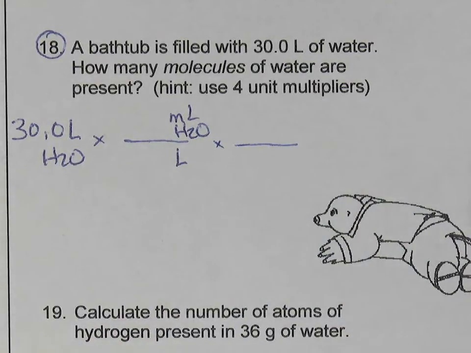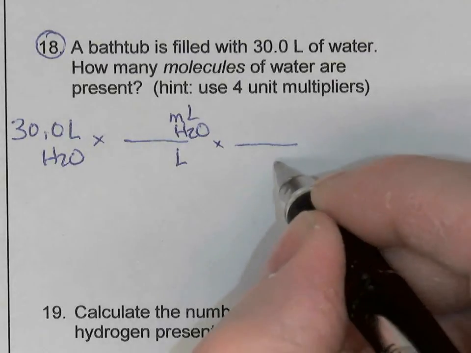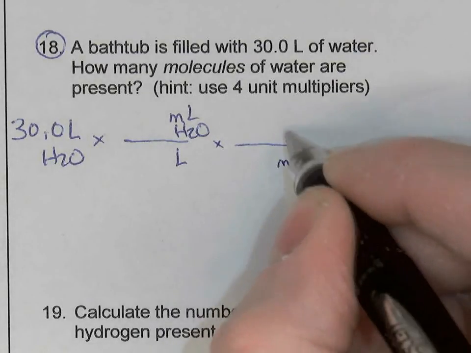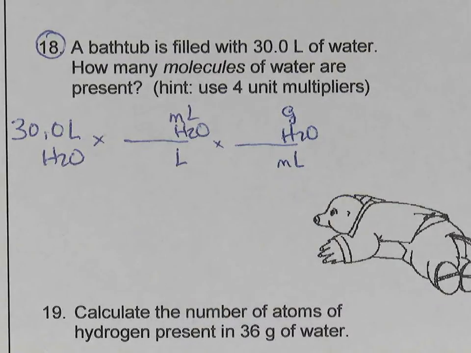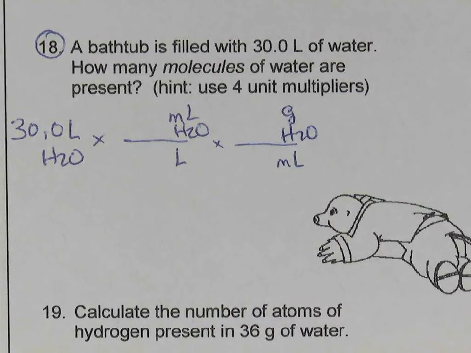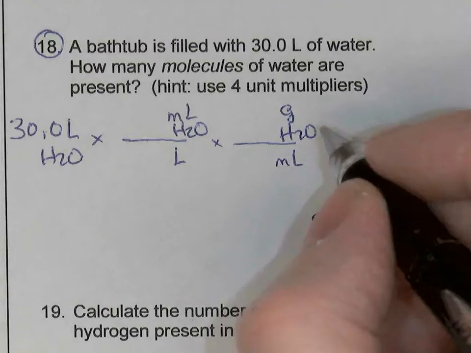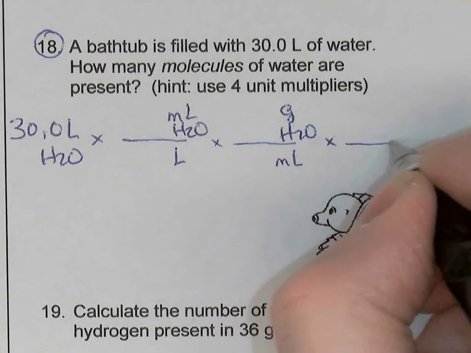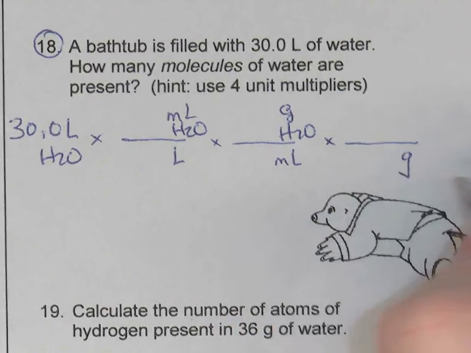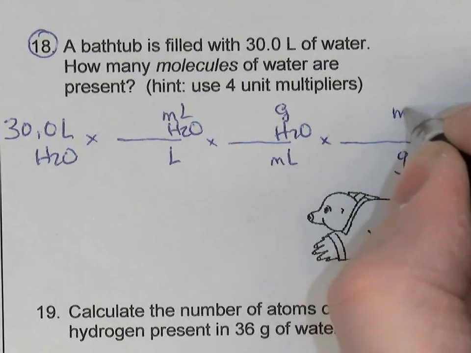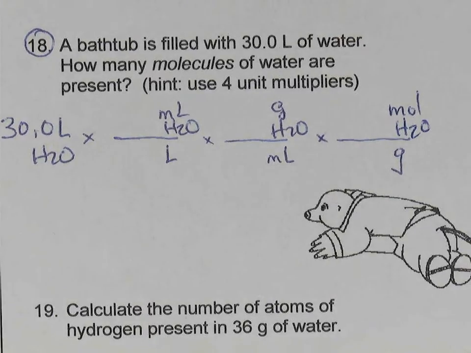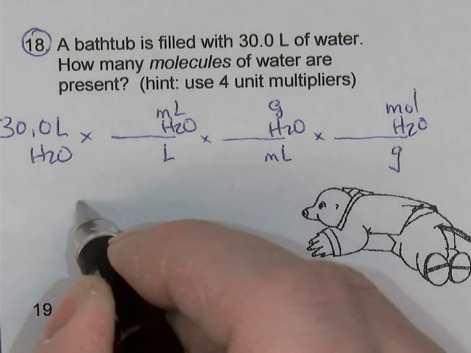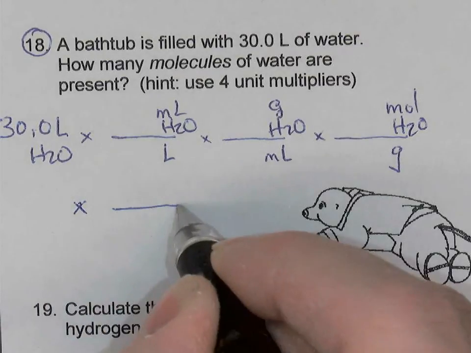So we'll get rid of milliliters and switch to grams of water. And now that we've stopped talking volume, we've now got mass in grams, we're now sort of home free, I hope. We can get rid of the grams of water and we can convert to moles of water using the molar mass of water. And then finally, with 1 more unit multiplier, I'll put it underneath, we can convert the moles of water into molecules of water.